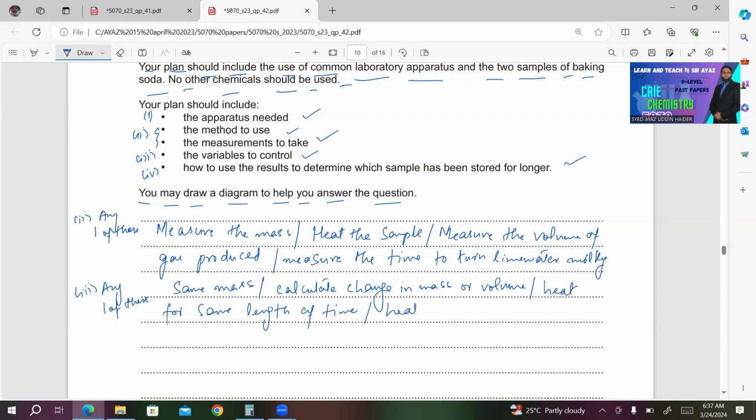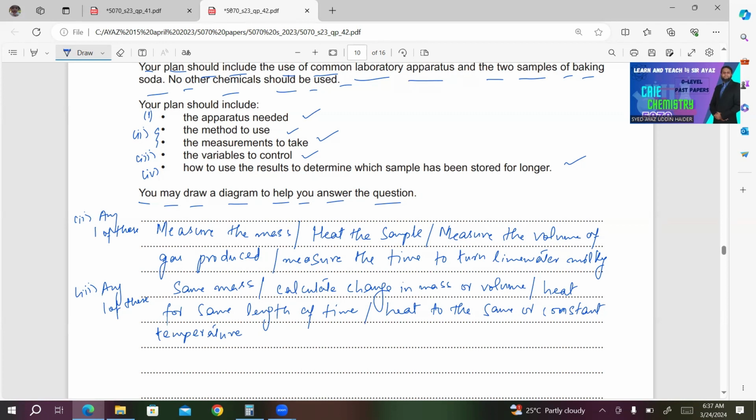Or heat to the same temperature, constant temperature. Constant temperature means you have to provide the constant heat for both of these samples.